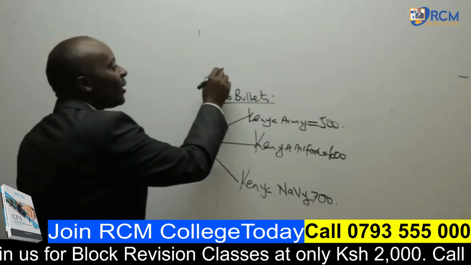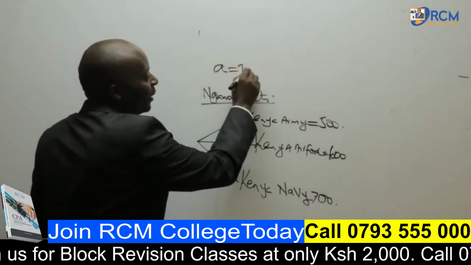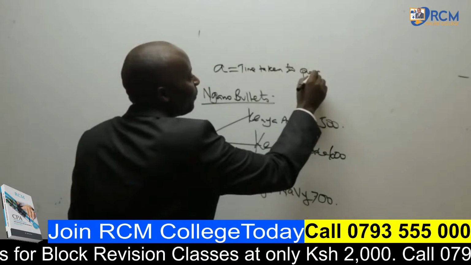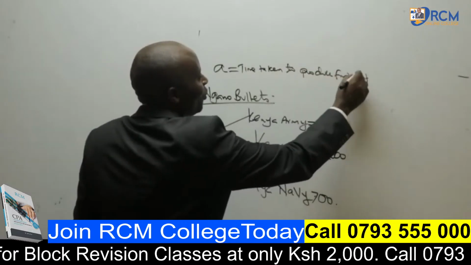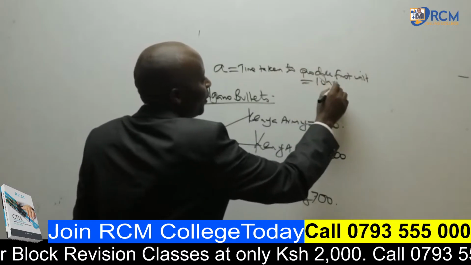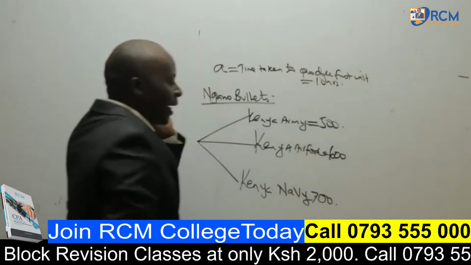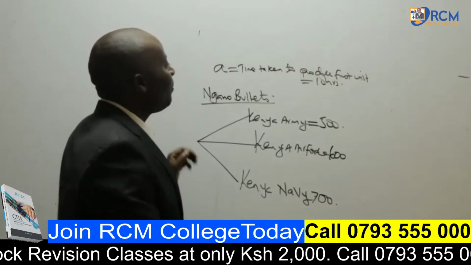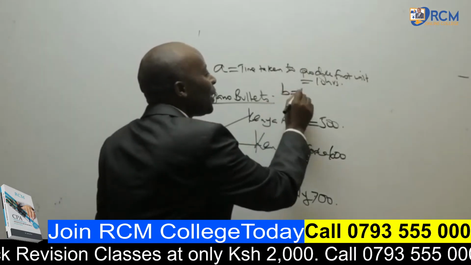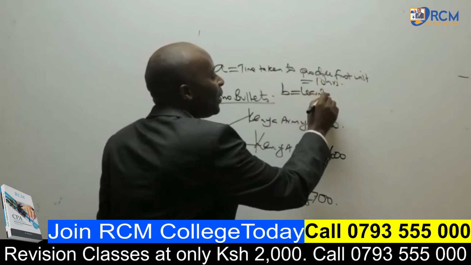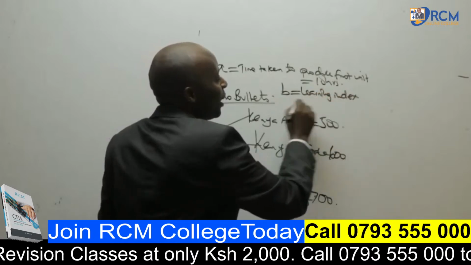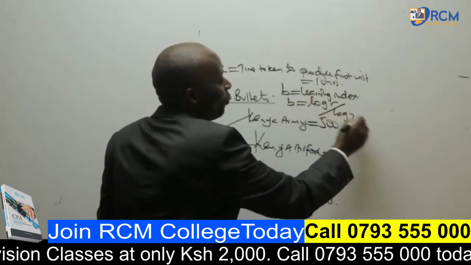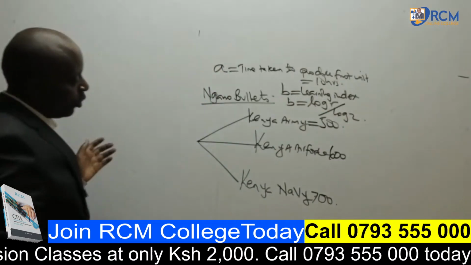Assuming that the first, remember A is time taken to produce first unit. So assuming A is 10 hours, Gano will take 10 hours to make the first bullet. I'm exaggerating, right? And then B, if you remember B, which is a learning index, what do we have? We have our formula, which is log R over log 2.